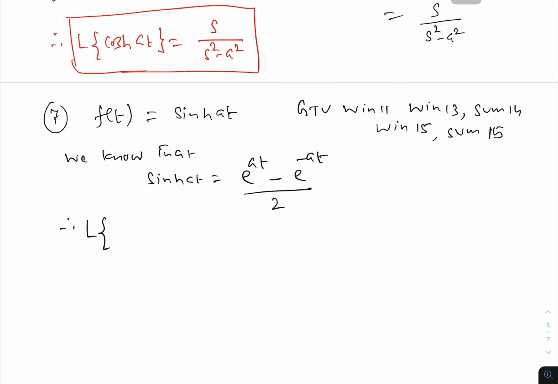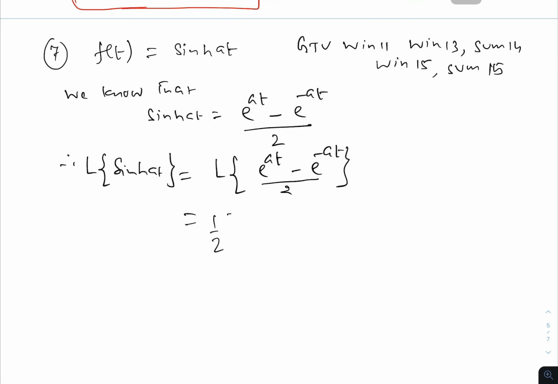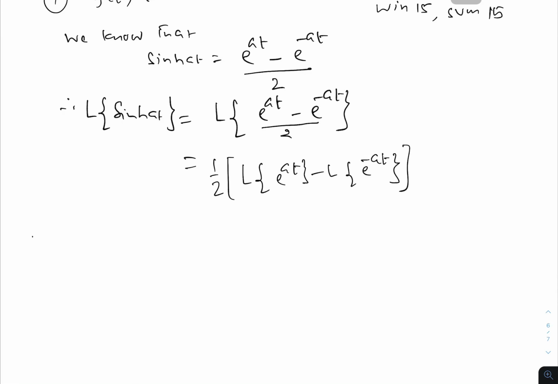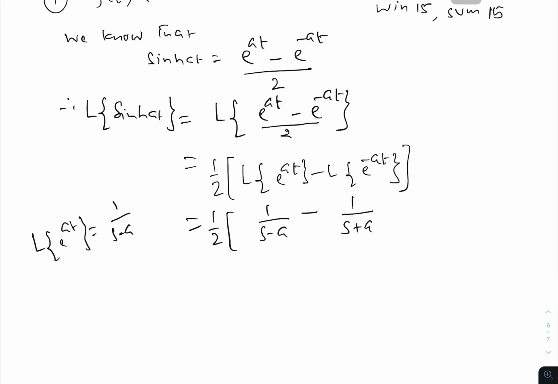So Laplace transformation of sine hyperbolic at is equal to Laplace transformation of e power at minus e power minus at divided by 2. And so this is equal to 1 by 2 Laplace transformation of e power at minus Laplace transformation of e power minus at. And again these are standard: Laplace transformation of e power at equals 1 over s minus a. So this is 1 by 2 times 1 over s minus a minus 1 over s plus a.